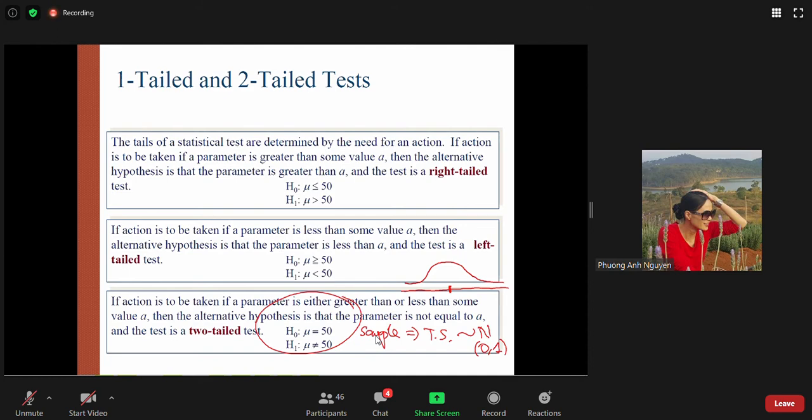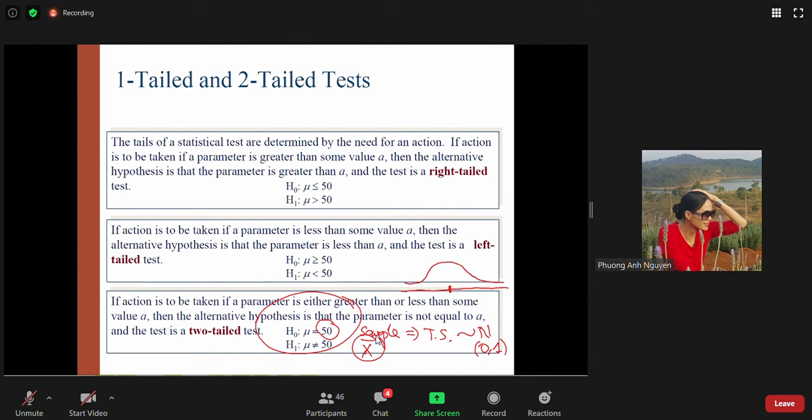After drawing N(0,1), you see that you have two tails, on the left and the right. The example will also give you the value x bar. Intuitively, if x bar is close to 50, then H0 is supported.